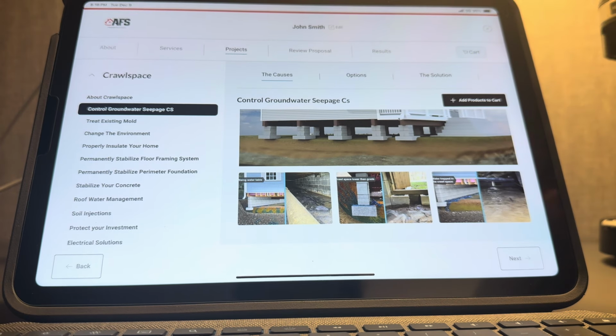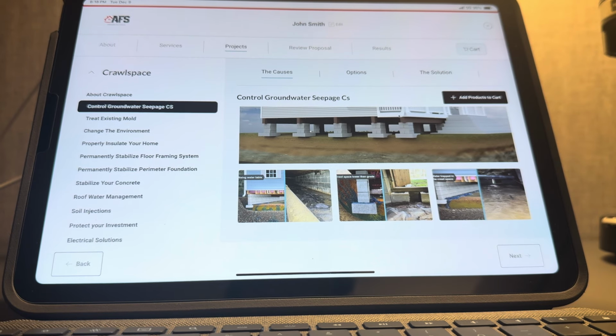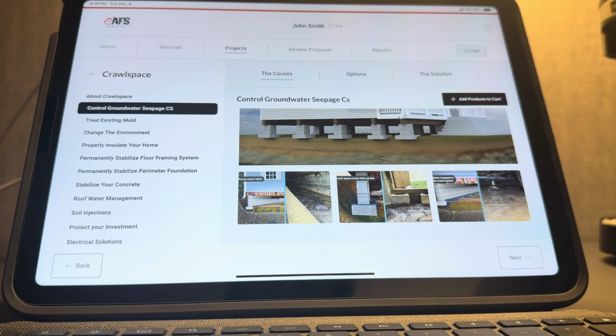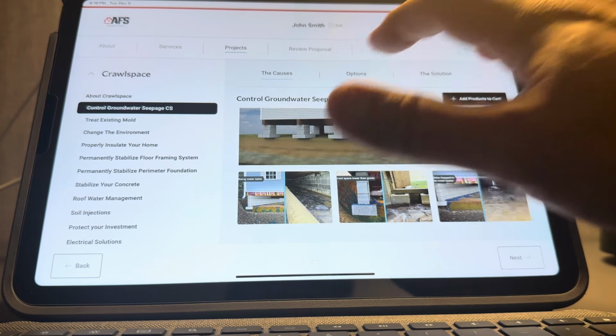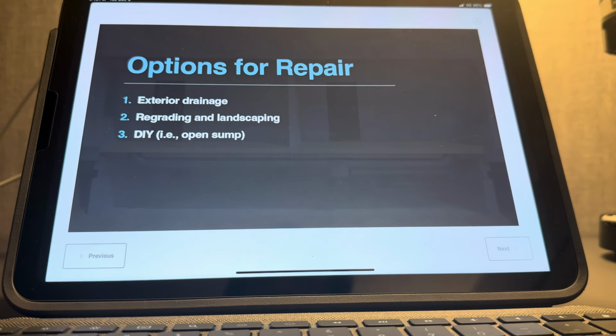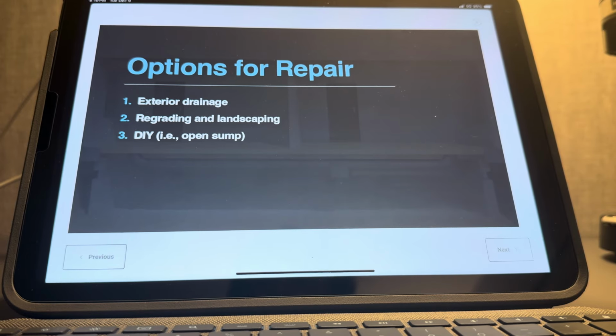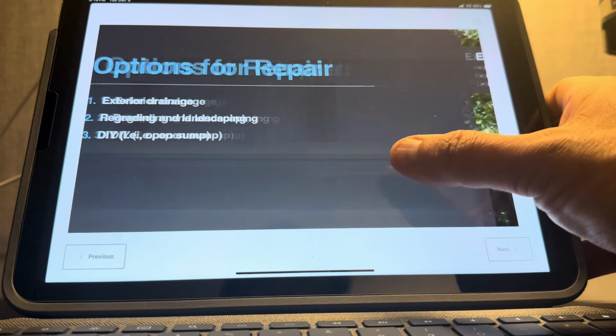Historically, homeowners have a few different options that they've explored, either on their own or with contractors, to attempt to fix the issues. And so I kind of want to go through those with you. Those involve exterior drainage, perhaps regrading the landscaping, and then some do-it-yourself options that we can have a look at.